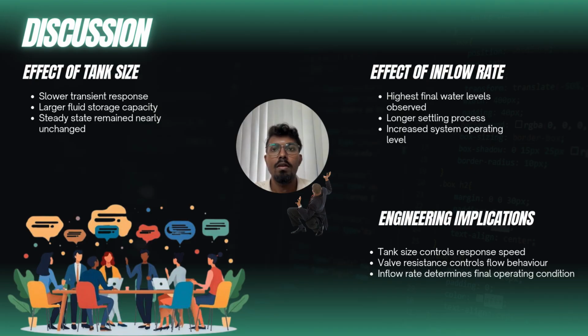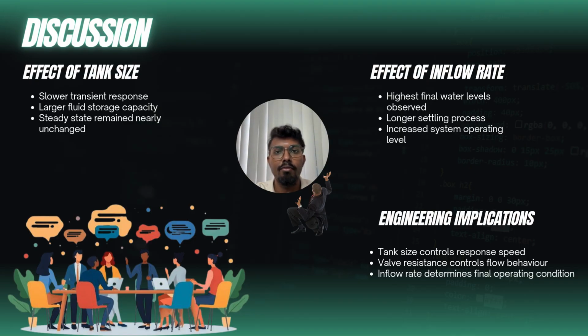Next, we analyze the effect of tank size and inflow rate. For the larger tank 2 configuration, the steady-state water levels remain almost unchanged compared to the baseline case. However, the response became slower because a larger tank requires a greater amount of water before the level changes significantly. This means tank size mainly affects the response speed rather than the final operating condition.